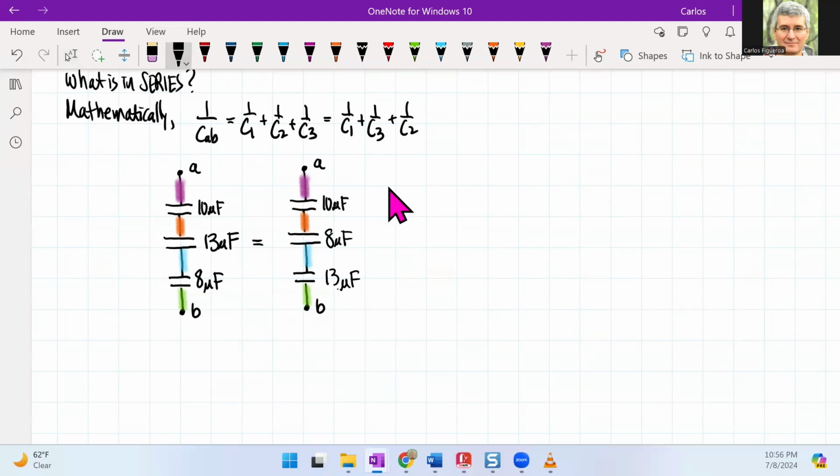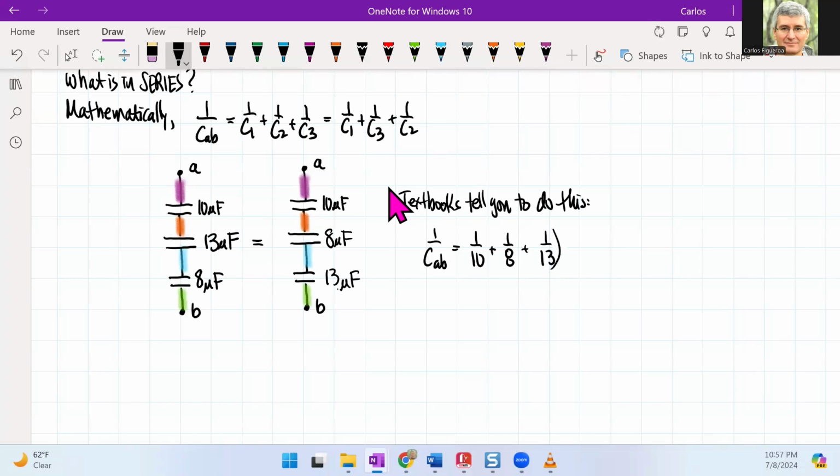So if I look at this, textbooks tell you to do this. They say that 1 over CAB is going to be 1 over 10, 1 over 8, plus 1 over 13.